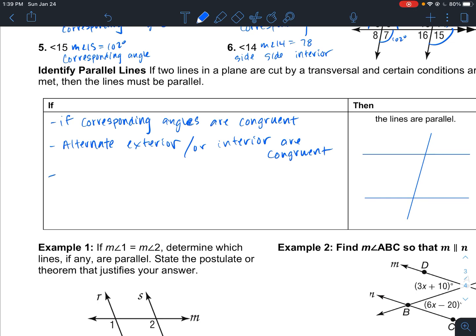If consecutive or same side interior angles are supplementary, then these lines are parallel. Or if two lines are perpendicular.